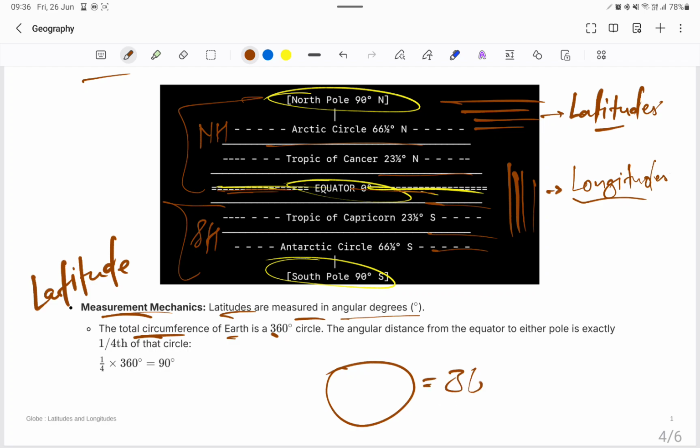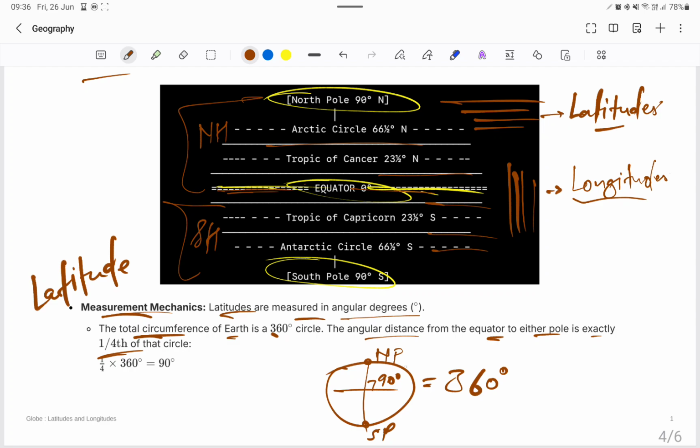So the total circumference of Earth is 360 degrees, and the angular distance from the equator to either pole is exactly 1/4 of that circle. This is the equator, and these are the poles. Let's suppose this is the North Pole and South Pole. So there we have 90 degrees.